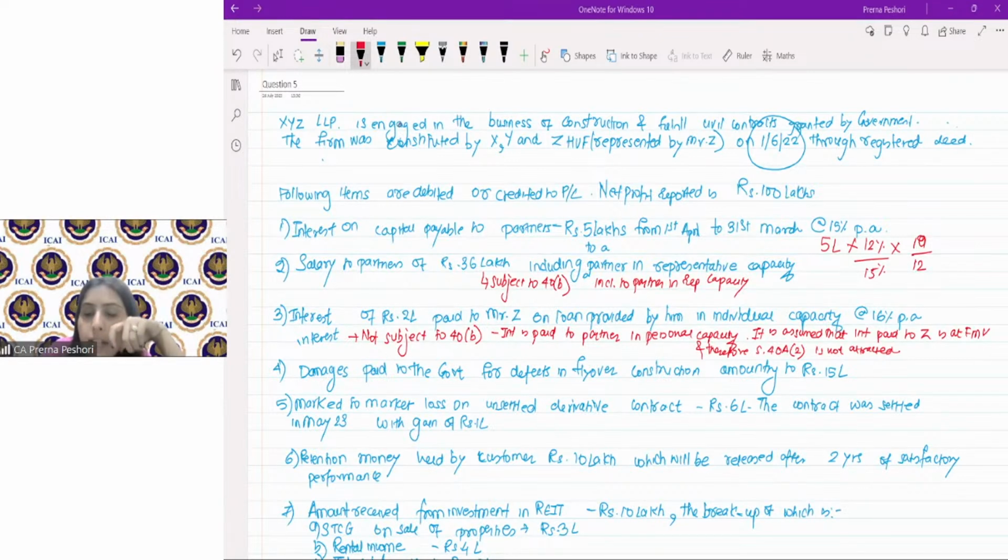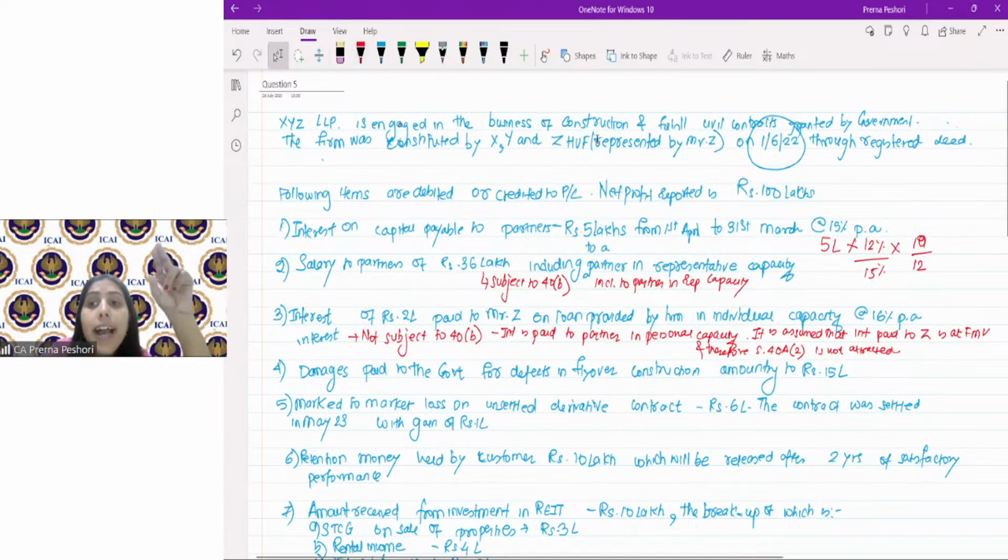So if you look at section 28(1), it is saying the profits and gains. What are the profits that we are talking about? What is the definition of profit? Profit means the profits computed as per the commercial accounting principles.